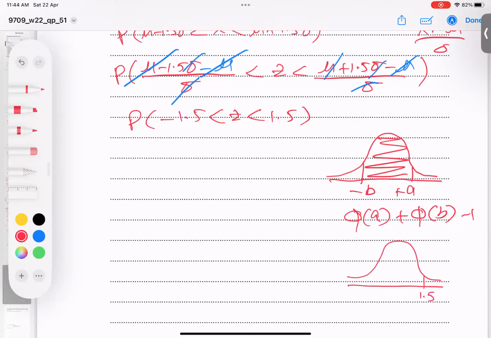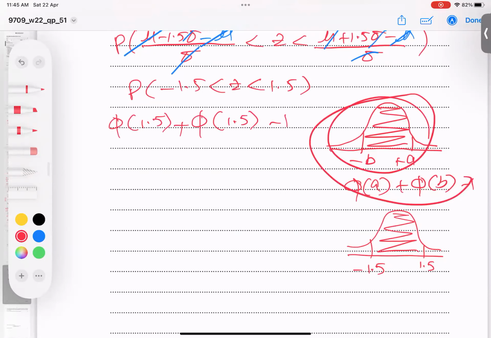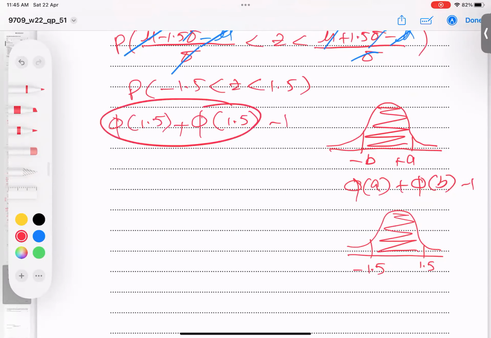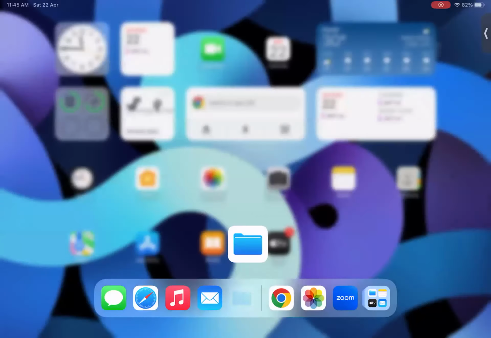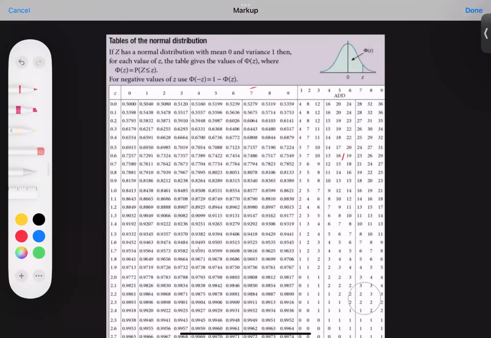We have 1.5, we have minus 1.5, and we're looking for this number. So fixed criterion. What is the technique? Phi of 1.5 plus phi of this number, but without the sign, and minus 1. If we do it step by step, we get the same formula, so I'm not wasting time. So this becomes 2 phi of 1.5 minus 1. I'm going to find the probability from the table for 1.5. 1.5 is here and 0.